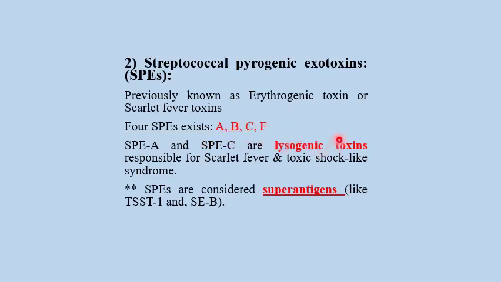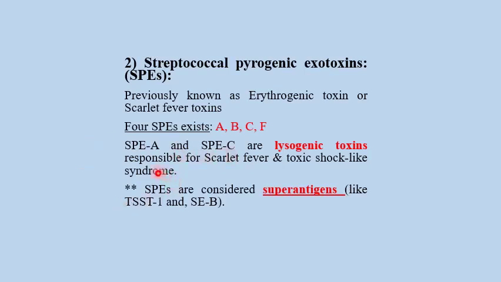Lysogenic toxins. طبعا الphage ده اللي هو bacteriophage present inside the chromosome of the bacteria. يبقى أول information نعرفها عن this toxin that A and C are lysogenic. And they are responsible for the scarlet fever and the toxic shock-like syndrome. طبعا these are 2 diseases we're going to deal with إن شاء الله.